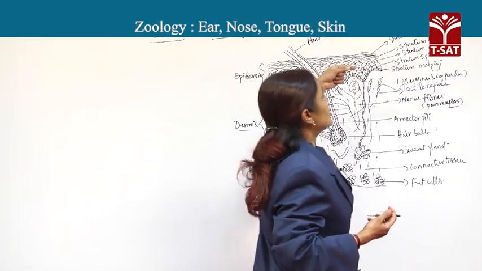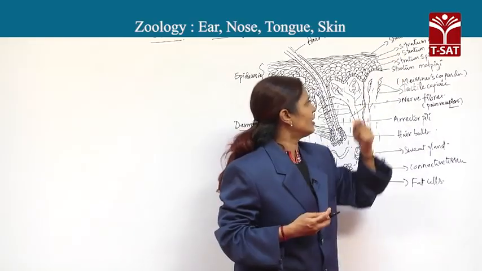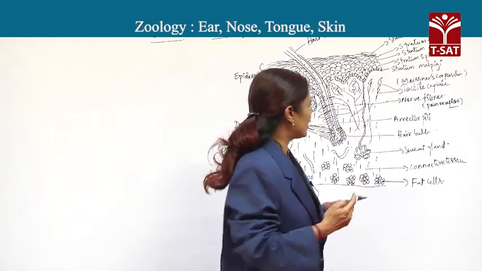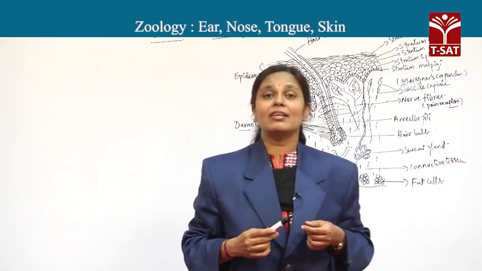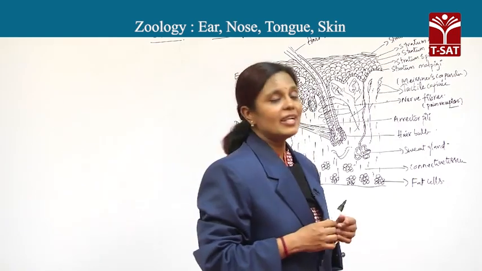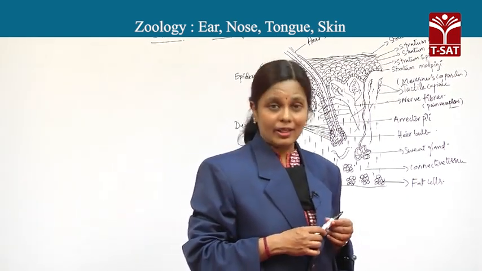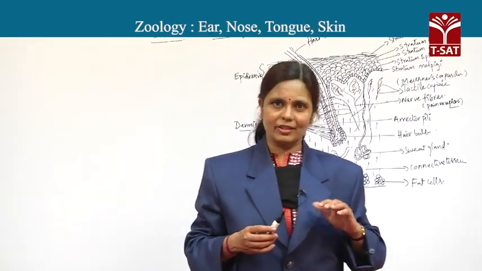Now, above this spinosum, you find a layer called stratum granulosum. As the name itself indicates, it is provided with special granules that take basic stains called keratohyalin granules. Keratohyalin granules are present scattered in the cytoplasm, but not in the cell organelles.